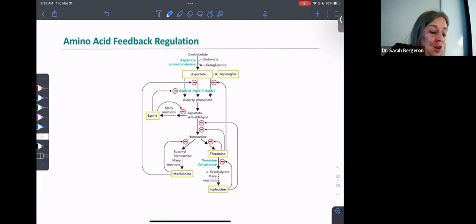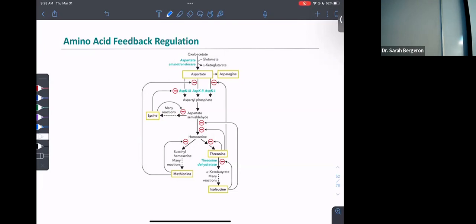So if you look at the overall pathway, take for example, threonine, right? If threonine starts to pile up, if I get lots of it, look at that first little arrow. What is it going to go in and inhibit? Its own synthesis, right? Now, is that the only feedback regulation that threonine participates in? No. It also feedback inhibits itself and methionine, right?